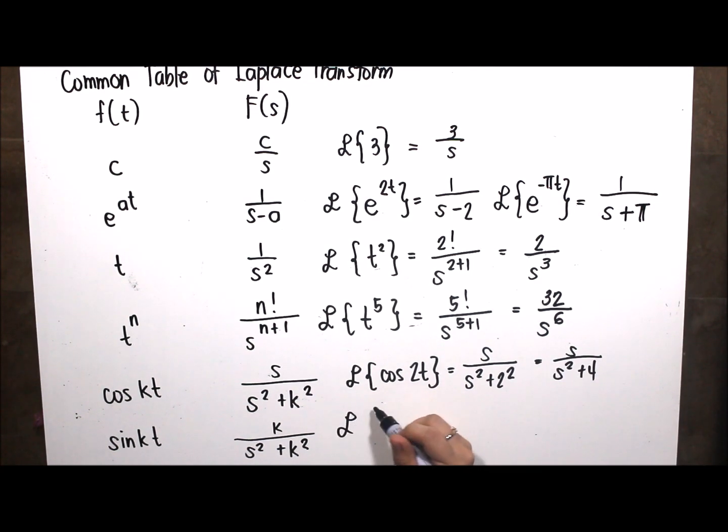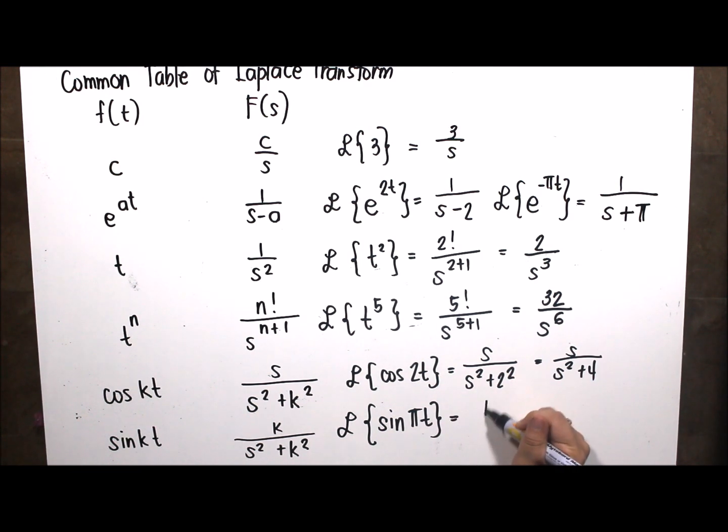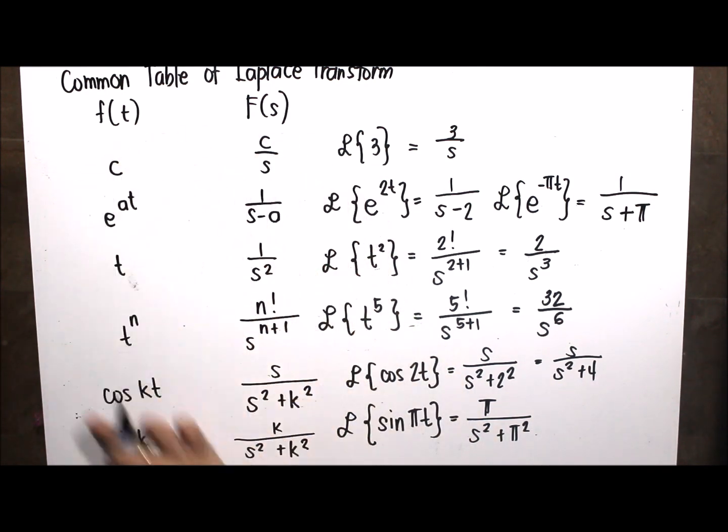If we take the Laplace transform of sine pi t, we have pi, because that is k. So it is pi all over s squared plus pi squared. So this is our table.